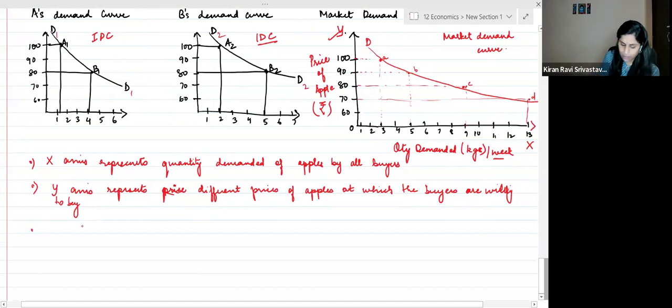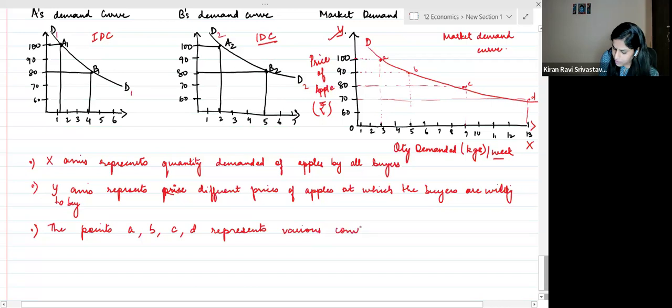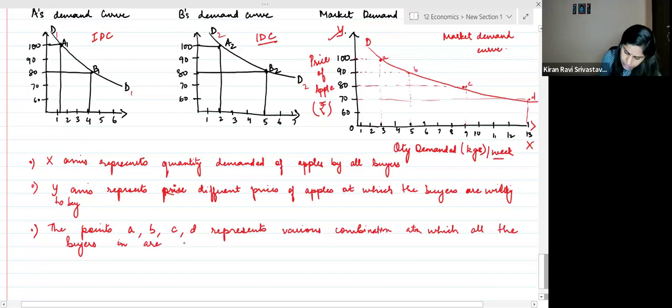The third point: the points A, B, C, and D represent various combinations of apples which all the buyers are willing to buy at different prices.